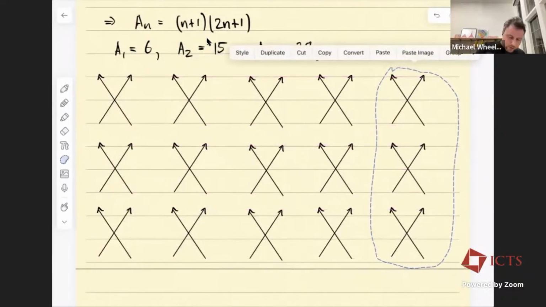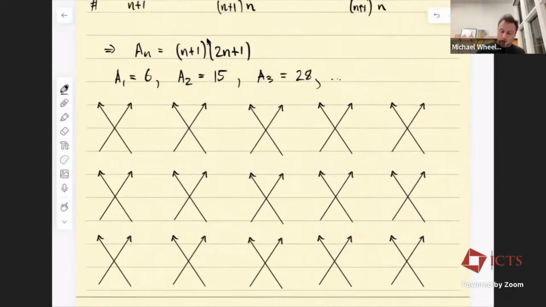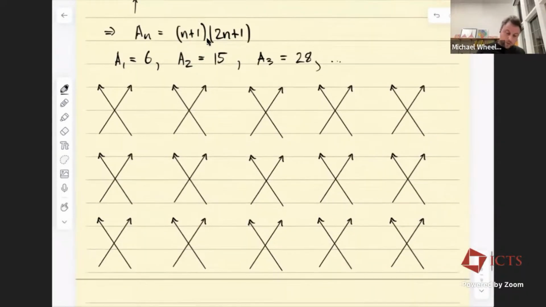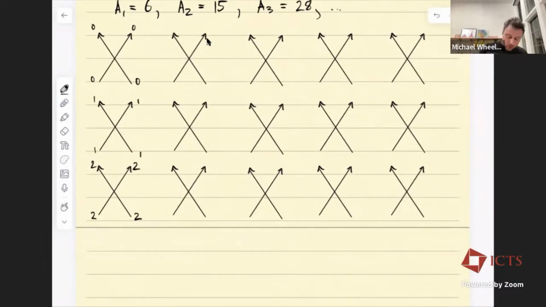Okay, so how is the grouping going to work? In the very first column, that will correspond with this first type here, where all the colors are the same. So there are 3 possibilities. I can have all zeros, I can have all ones, I can have all twos. And the weight for all of these is just identically 1.